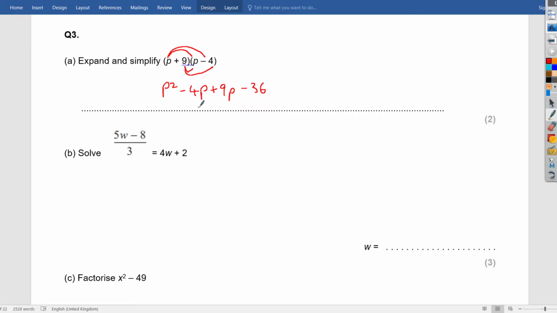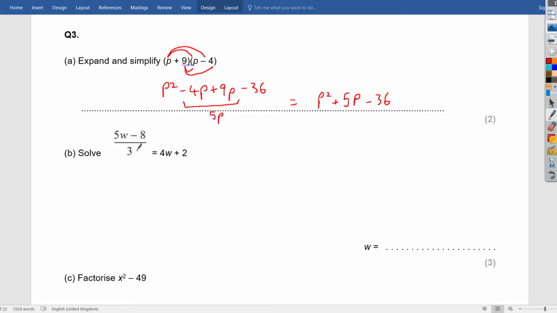The only thing we need to simplify is this middle term, so that's minus 4p plus 9p, or we can say 9p minus 4p, which will end up being 5p. So this is simplified to p squared plus 5p and minus 36. Okay, sweet.